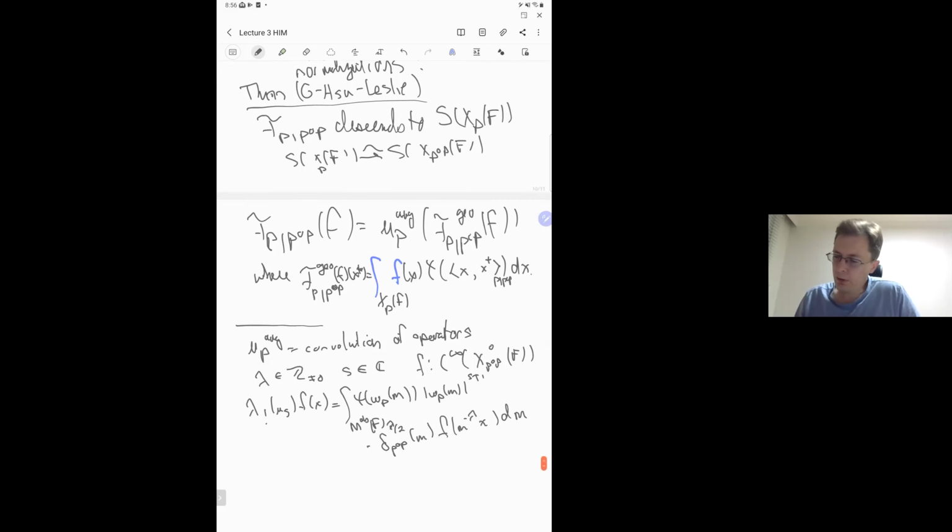I'm not going to tell you how these, you need a particular composition of these operators. Convolution is not the right word here, you just need a composition of these operators.